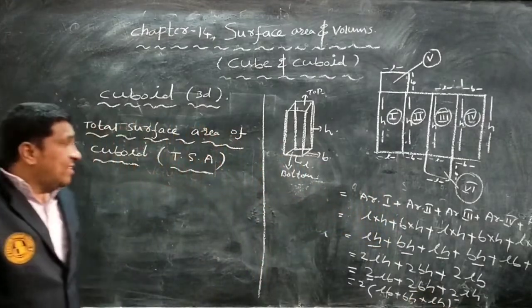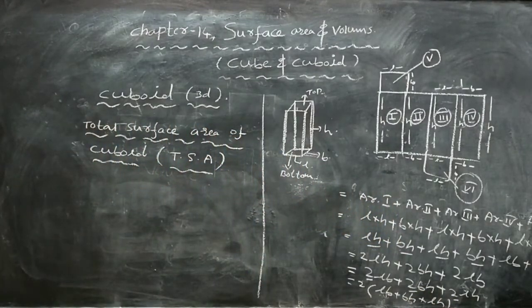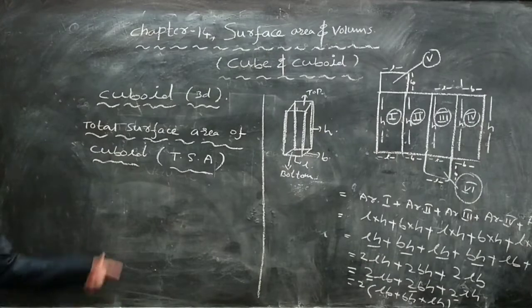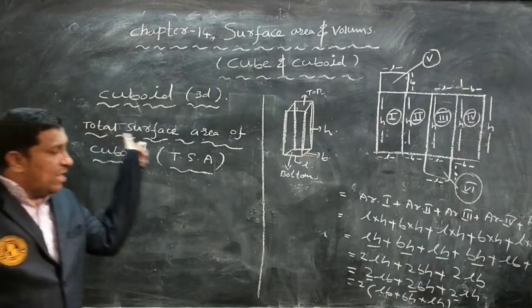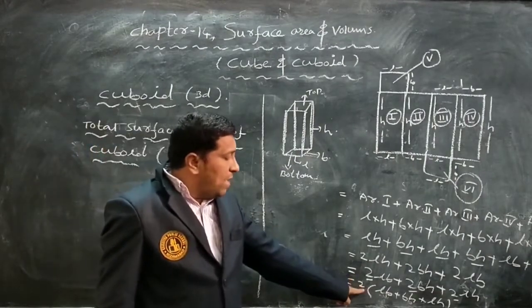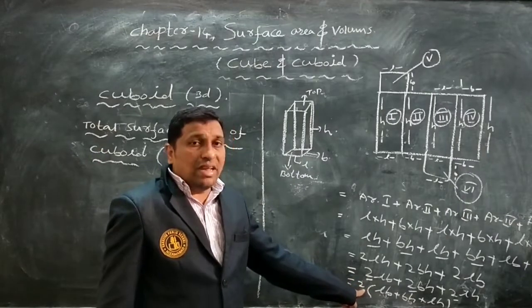So this is the total surface area of a cuboid. What is the formula of the total surface area of a cuboid? 2 bracket of LB plus BH plus LH.